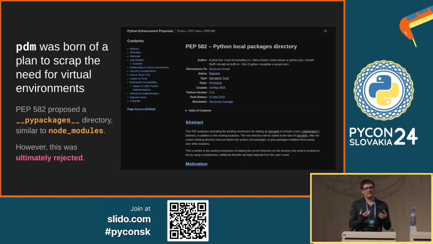But it proposed replacing a lot of the site-packages architecture that we have with something very akin to node_modules, if you've come from the Node world at all, and creating this __pypackages__ directory that would just store all of the different packages that you might need to use inside of a local directory called __pypackages__. But unfortunately, because of the architecture of the whole Python packaging ecosystem at the moment, that was ultimately rejected.